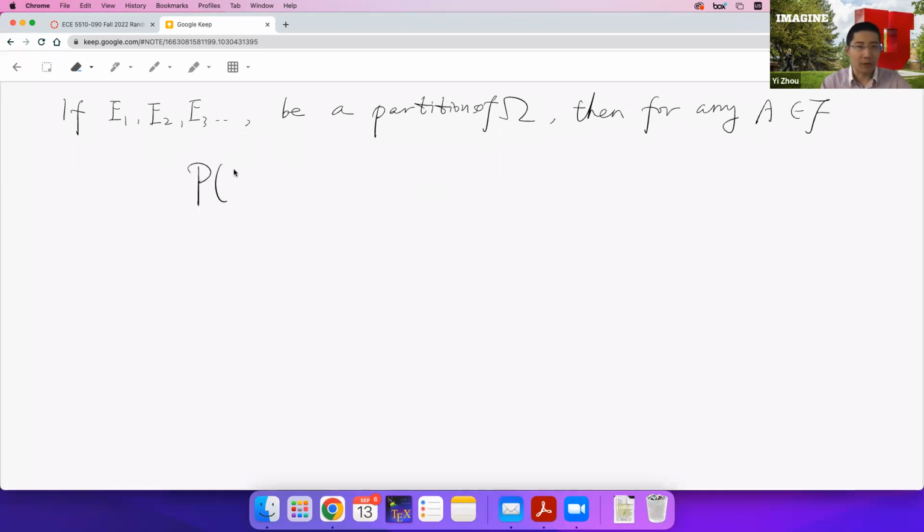So the probability of A can be decomposed into, we look at the probability of each partition event, and then looking at the probability of event A conditioned on these partition events. And then we sum all the terms together.